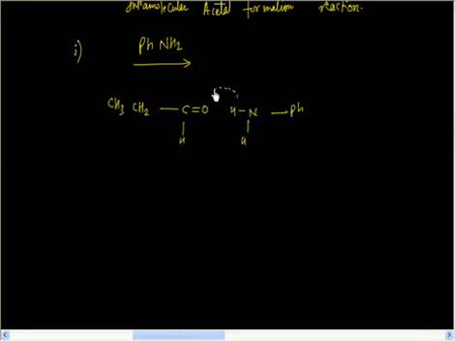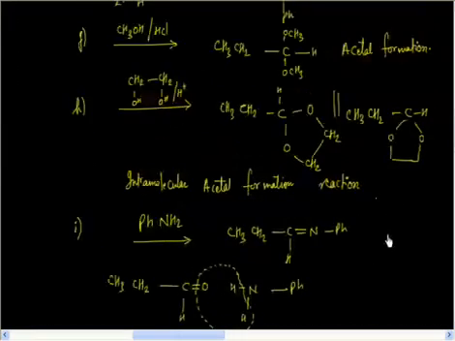In these cases of reaction, you remove H2O. If you remove H2O, things are easy to write. So you will have CH3CH2 and C double bond N Ph, and then you have hydrogen here. So this is the product. This is an imine formation.